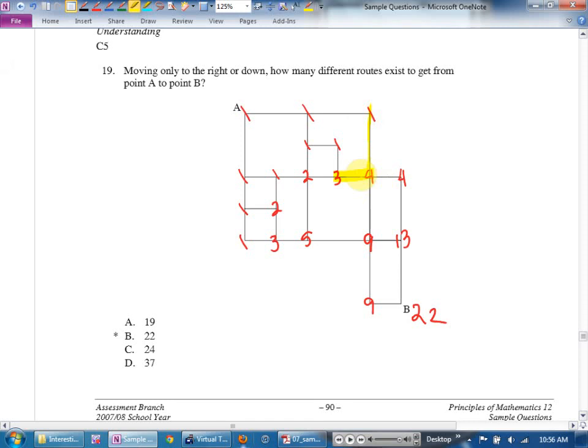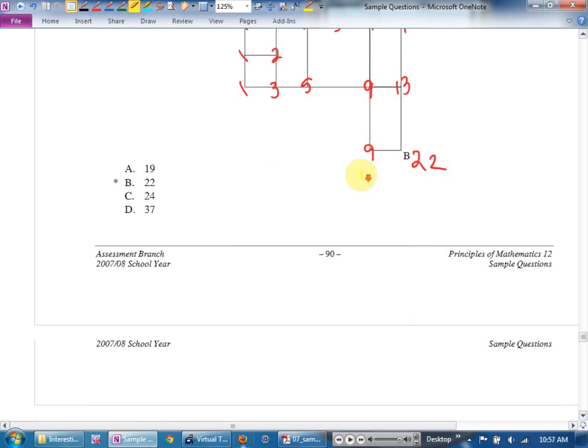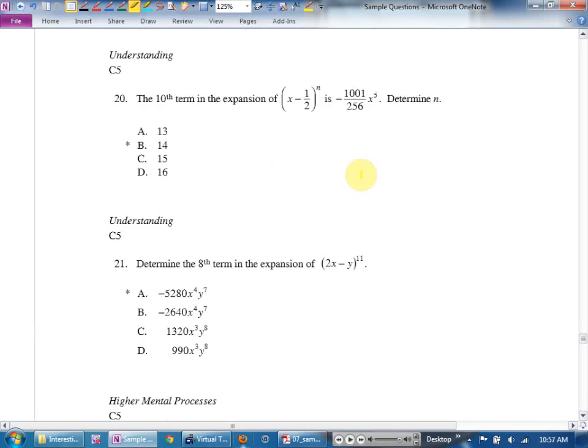Okay, the 10th term in this is x to the 5th. First thing I check and I notice, you know what? There are no other x's, just a single solitary x with no exponents. So if my 10th term was x to the 5th, that means my 9th term was x to the 6th. 8th term was x to the... I'm losing you.